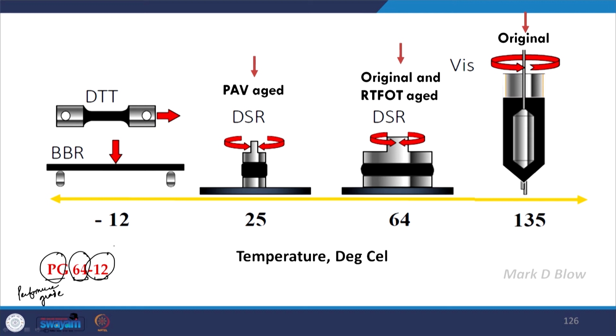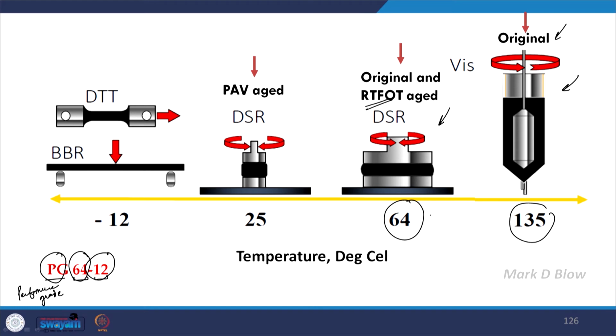This is just a revision. At higher temperature we are doing the rotational viscometer test to assess the pumping and handling characteristics, and this is done on the original binder or the unaged bitumen. Alright. Then after doing the RTFOT, the short term aging, and also on the unaged condition, we will do DSR, and this is typically done at the 7-day average maximum temperature of the pavement.